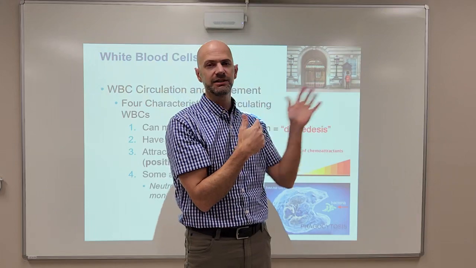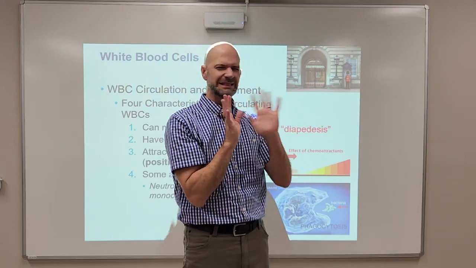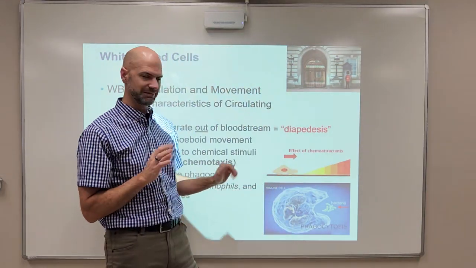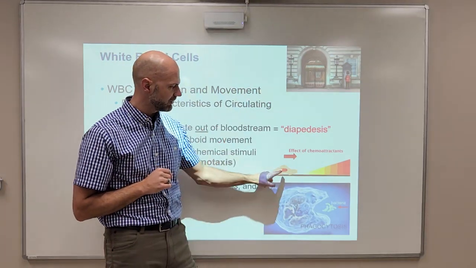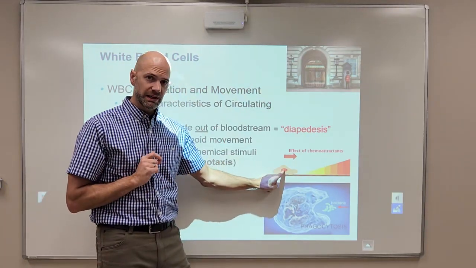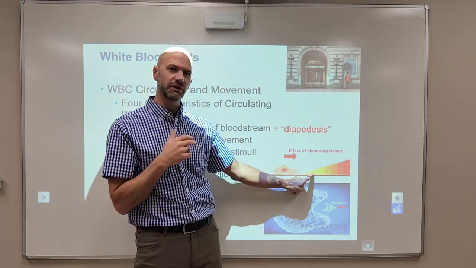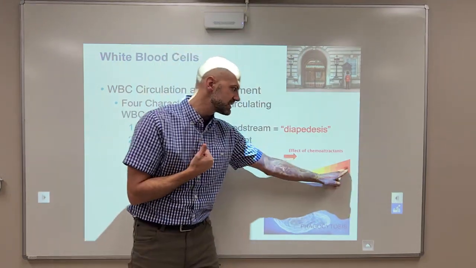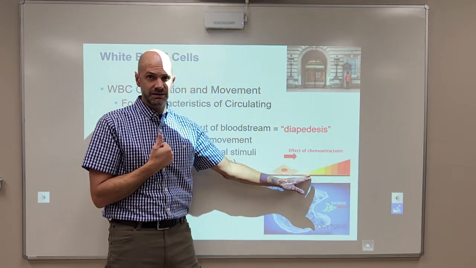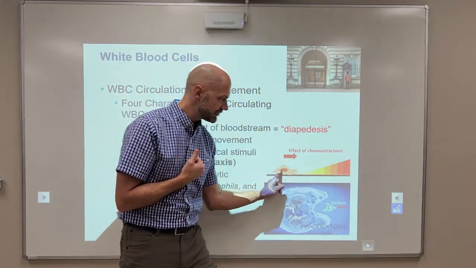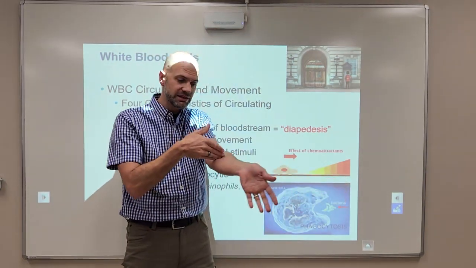That's a loose analogy for how white blood cells can pick up on the scent, or the chemical stimulus, from some attractant that's recruiting this cell to a particular location, like the site of an injury.